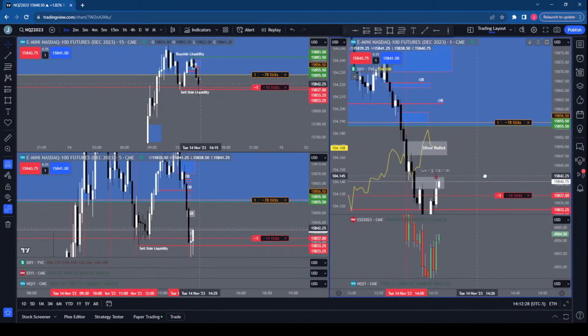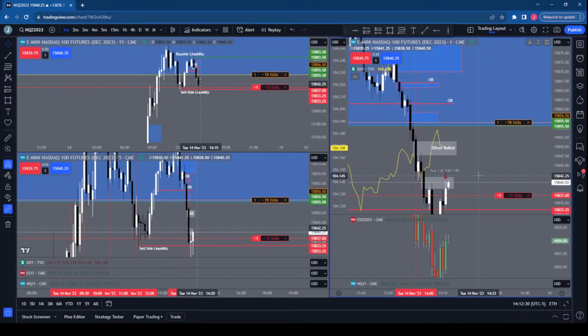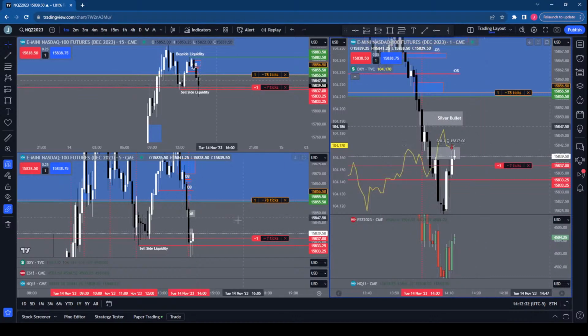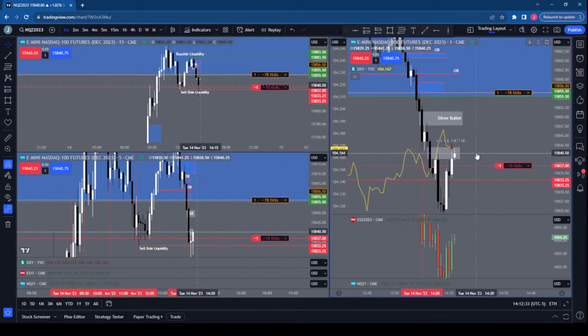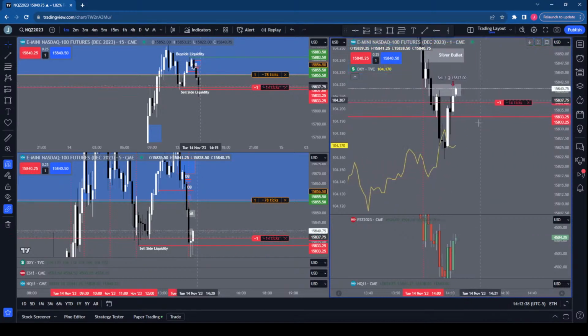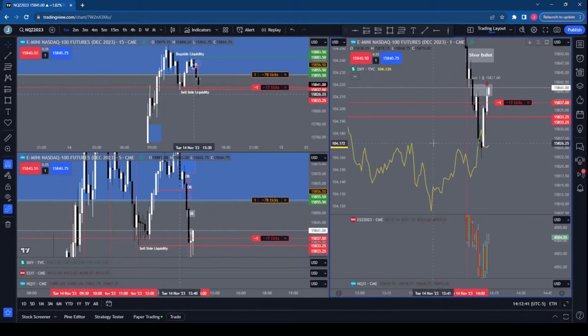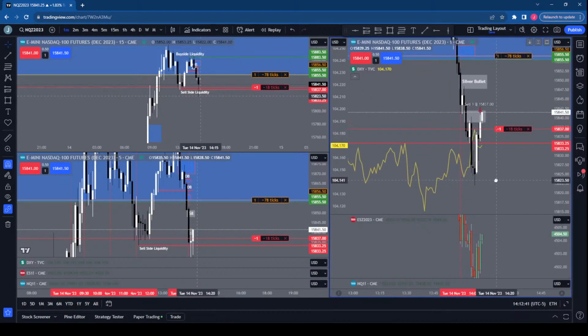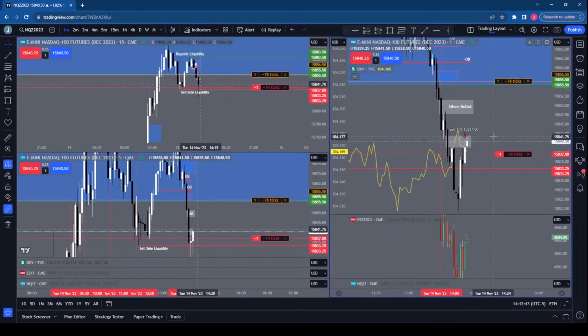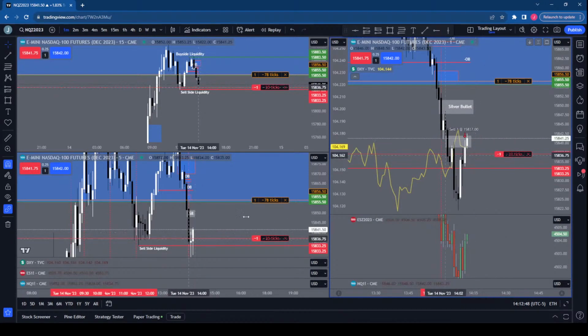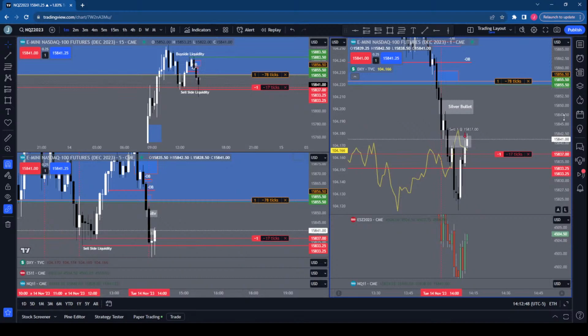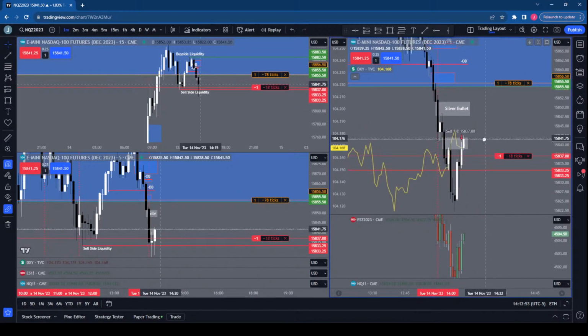I'm going to be watching the dollar closely. I want to see it continue to make higher highs. I don't know. I actually kind of wish I didn't enter that.